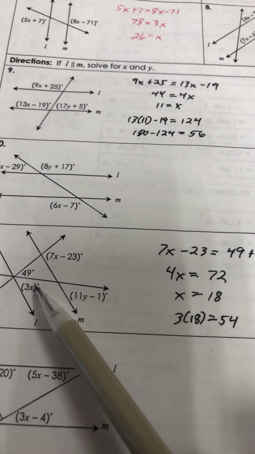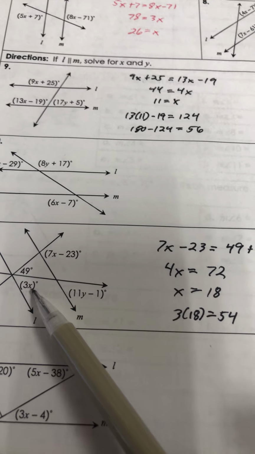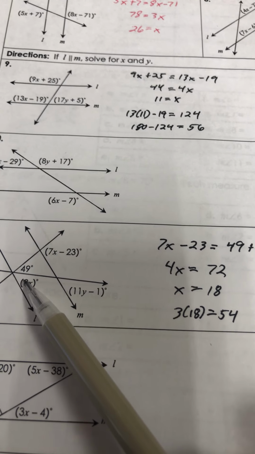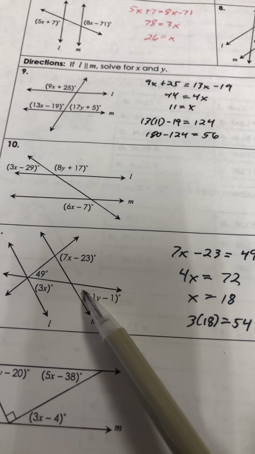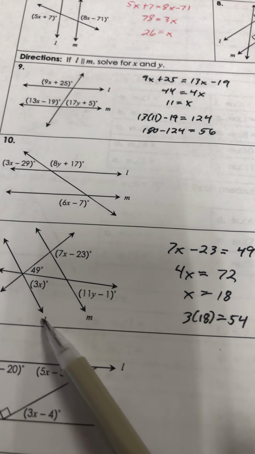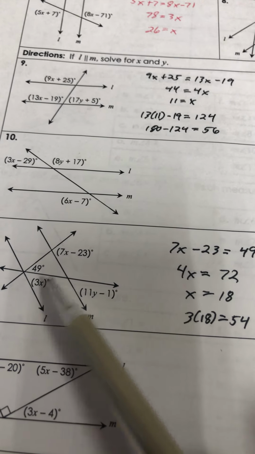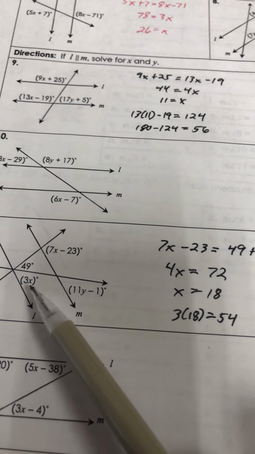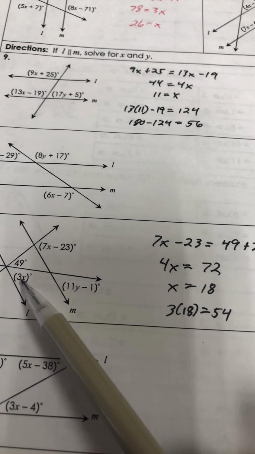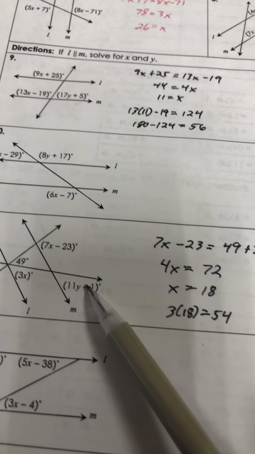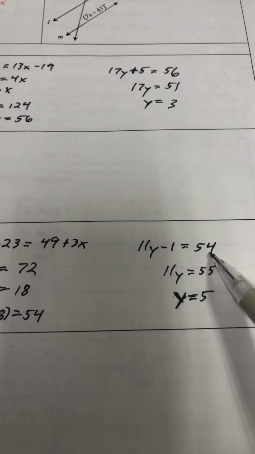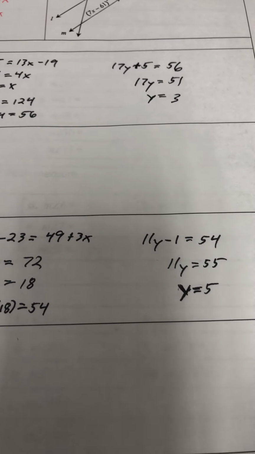And then I just throw the 18 in here, because this is corresponding to this angle. If you're looking at L and M being parallel, this is corresponding, so these are going to be equal. So I just throw that 3 times 18 in there, and it's 54. So 11y minus 1 equals 54, and I solve for y equals 5.